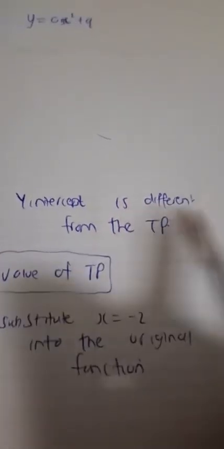It's there. It's 0, but that means no effect. But now we can see that for this one, the turning point and the y-intercept were one. Here, it's not the case, guys. The y-intercept is different from the turning point.